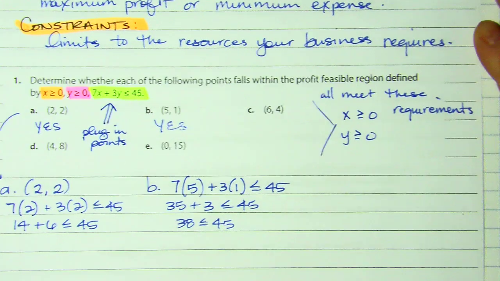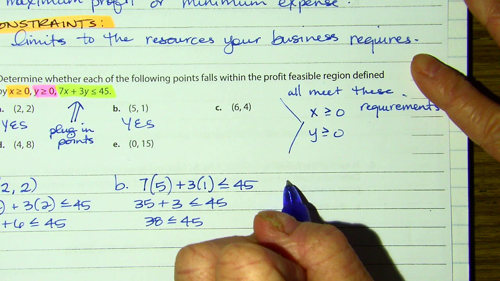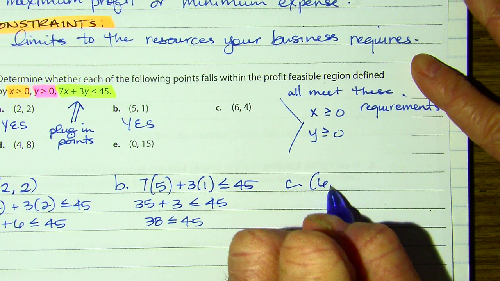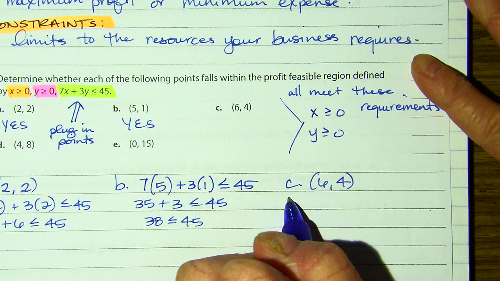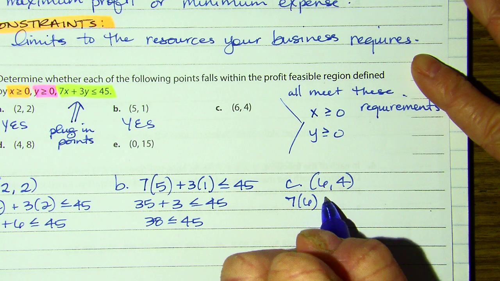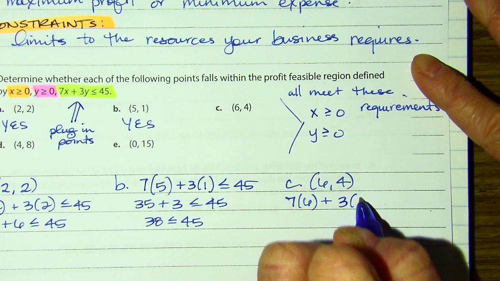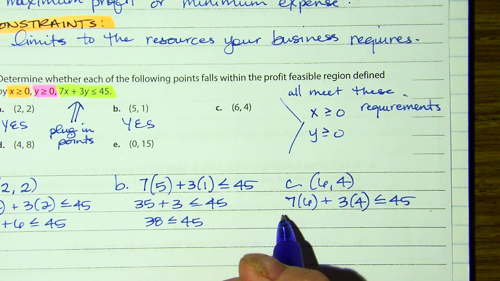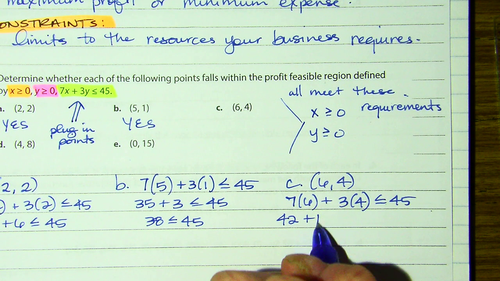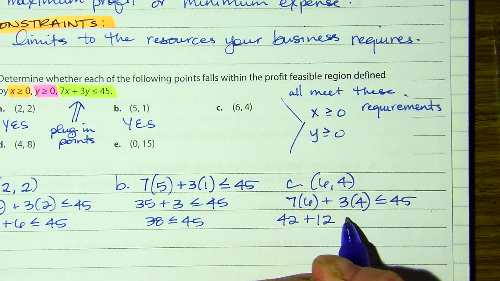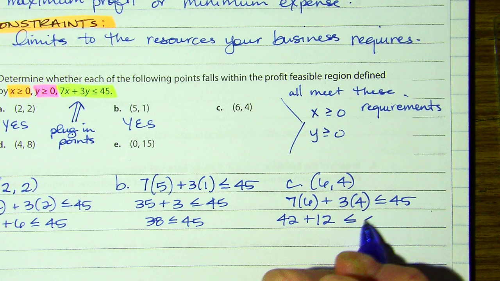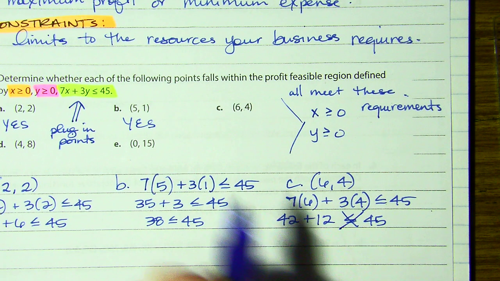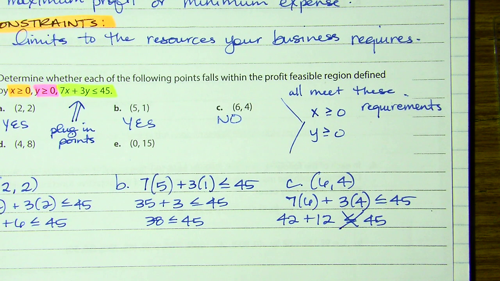All right, now let's try C. For C, I have 6 and 4. So is 7 times 6 plus 3 times 4 less than or equal to 45? So that gives me 42 plus 12. That is not going to be less than or equal to 45. And so C is no.